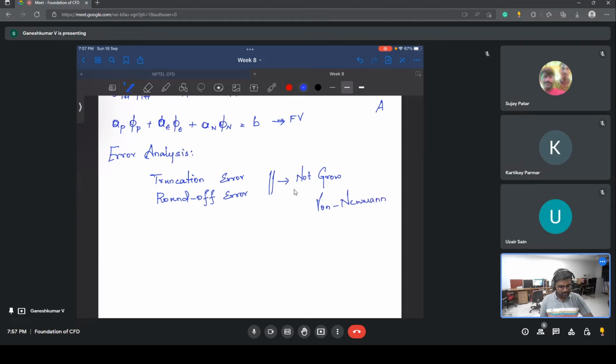This is used for linear equations, as I said. We use von Neumann stability analysis to identify what my delta t and delta x should be to get a stable solution. And if you get a stable solution, it will converge. We also saw something called the Lax Equivalence Theorem, which says that if you ensure stability on a consistent scheme, then convergence comes for free.